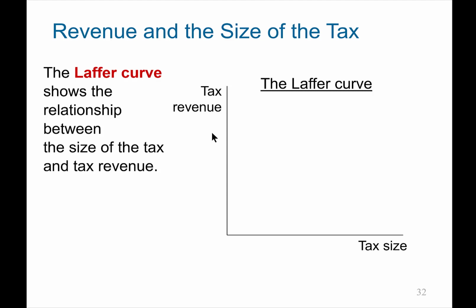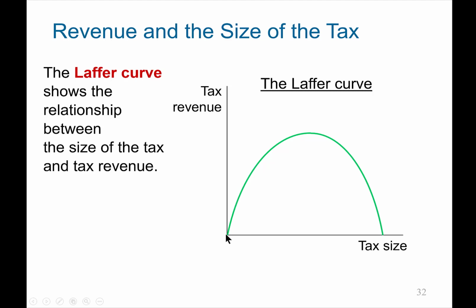We showed that at small taxes, tax revenue can actually increase if we increase the size of the tax. But if we make the tax too big, tax revenue starts to drop. And so we can model this relationship using the Laffer curve, and it looks like this. It intersects here. Why?